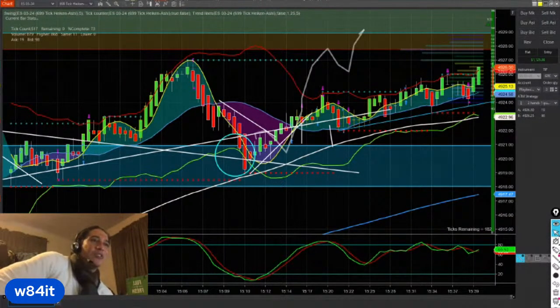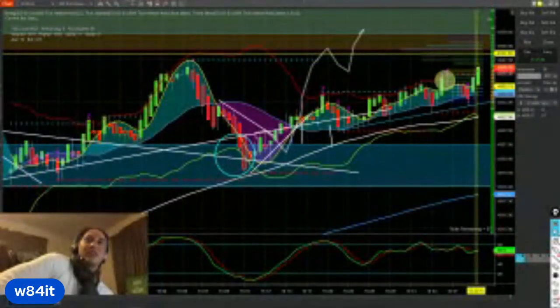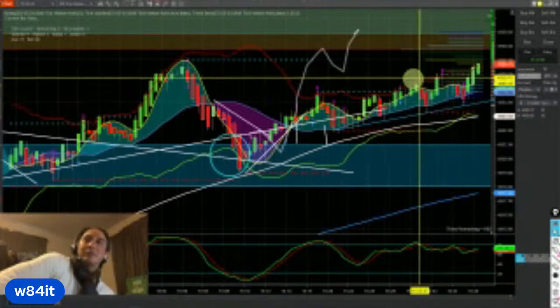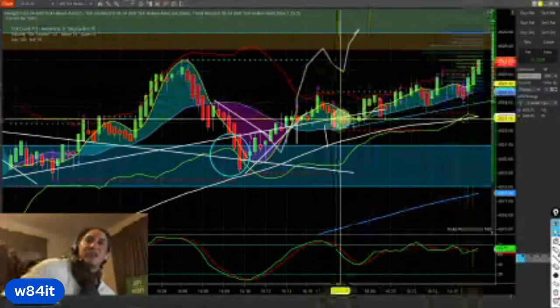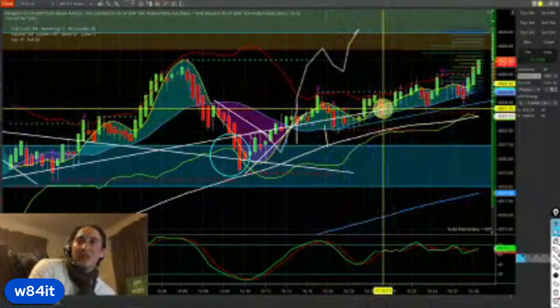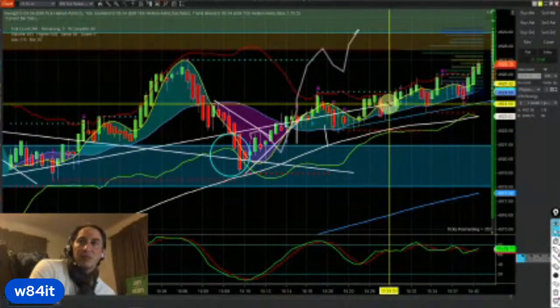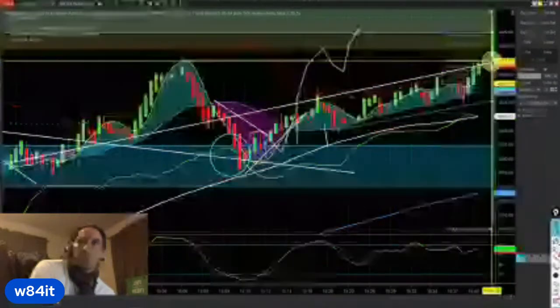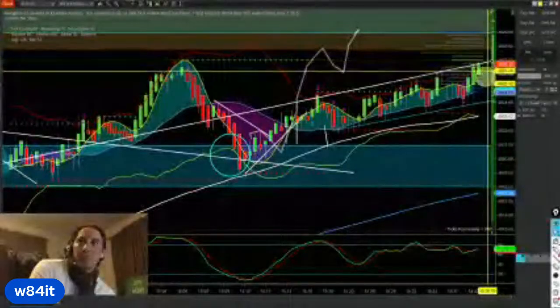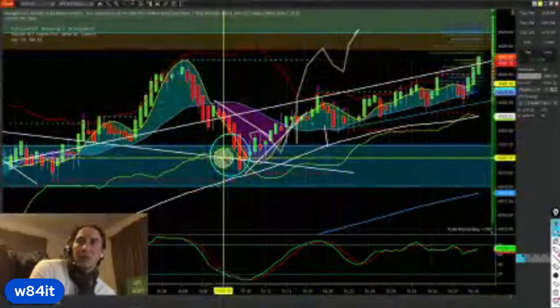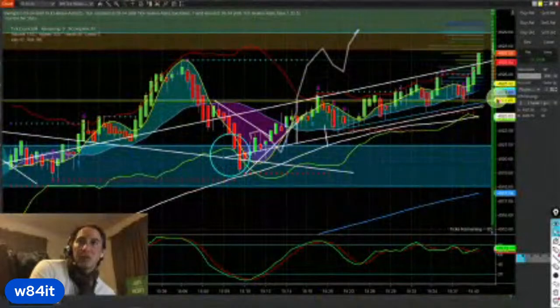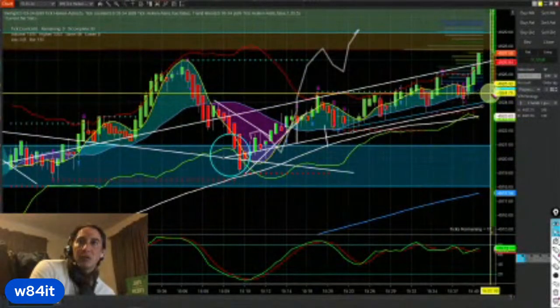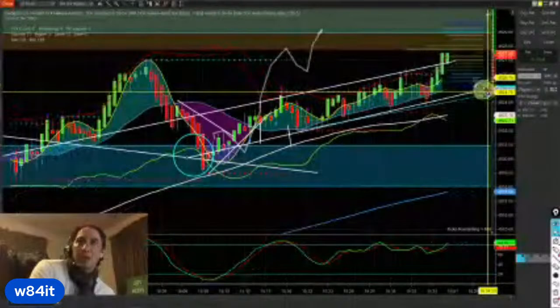It is expanding outwards though. The price action is expanding, which is a good thing because it means it's going up. And it's running this path right here. So our trend line. I knew there was a candle hiding back there.